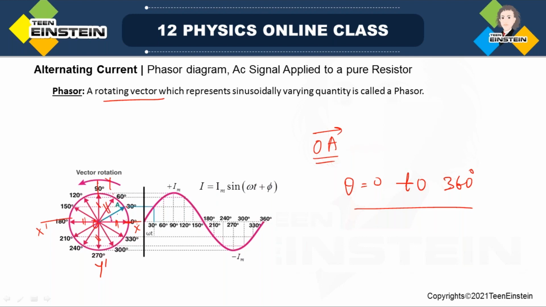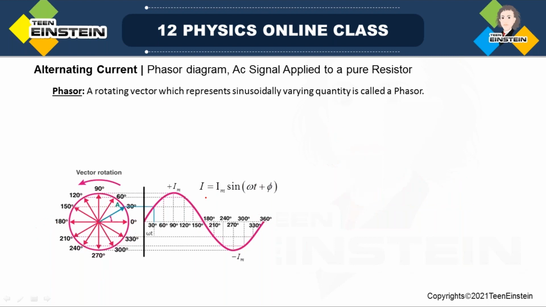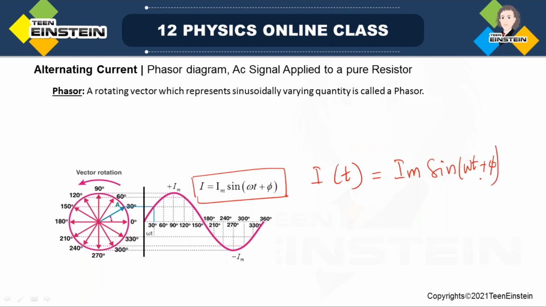The magnitude and the projection of this rotating vector represent, respectively, the amplitude and the instantaneous value of the quantity. Here suppose I take current which is varying as I is equal to Im sine omega t plus phi.